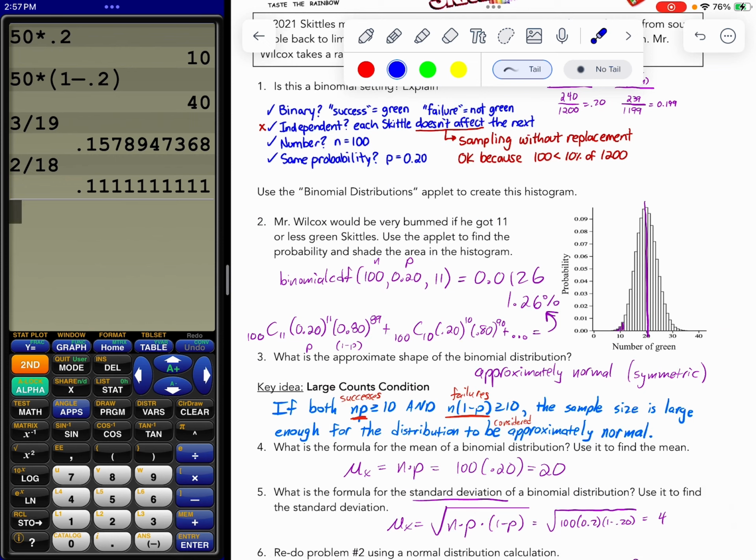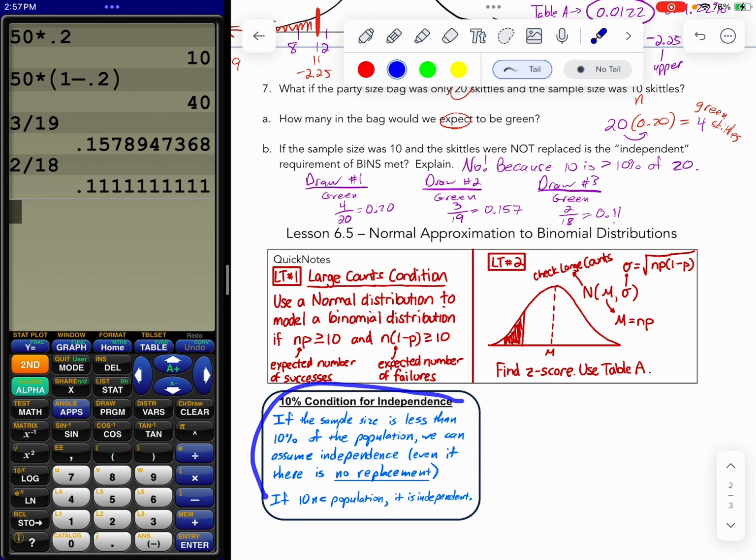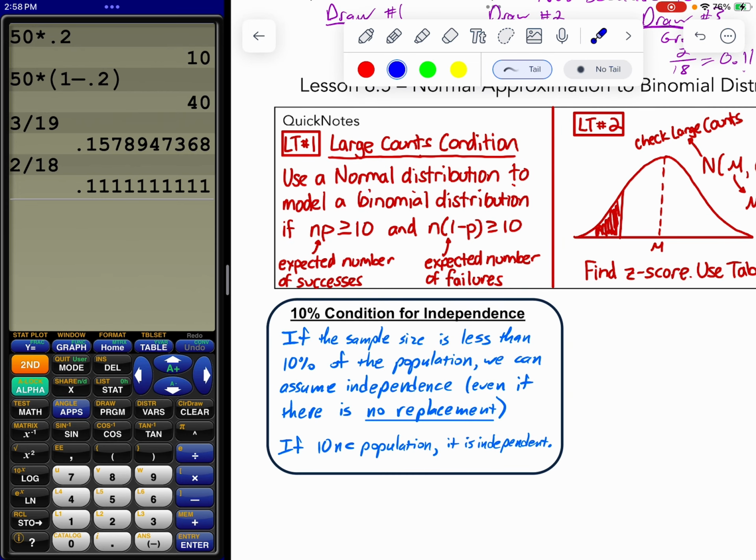If my sample is less than 10% of the population, then I am not changing the probability significantly from one draw to the next. I've summarized that right here: the 10% condition for independence. If the sample size is less than 10% of the population, we can assume independence, even if there is no replacement of the green Skittles.